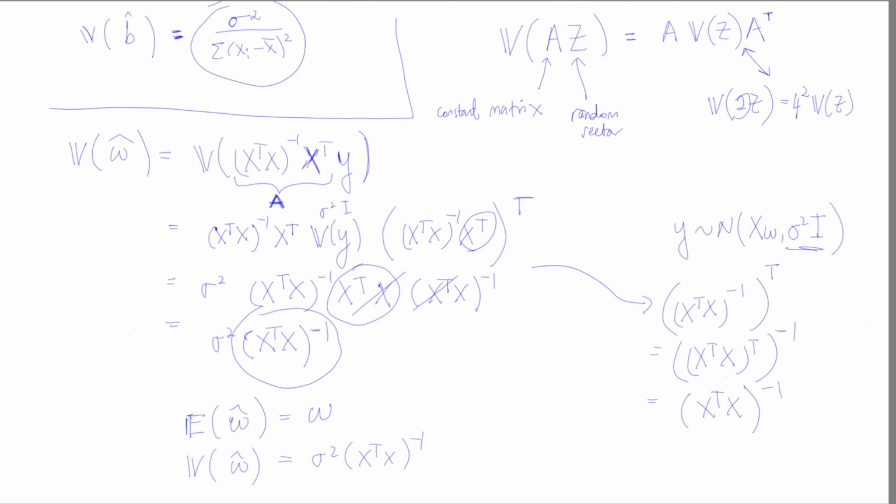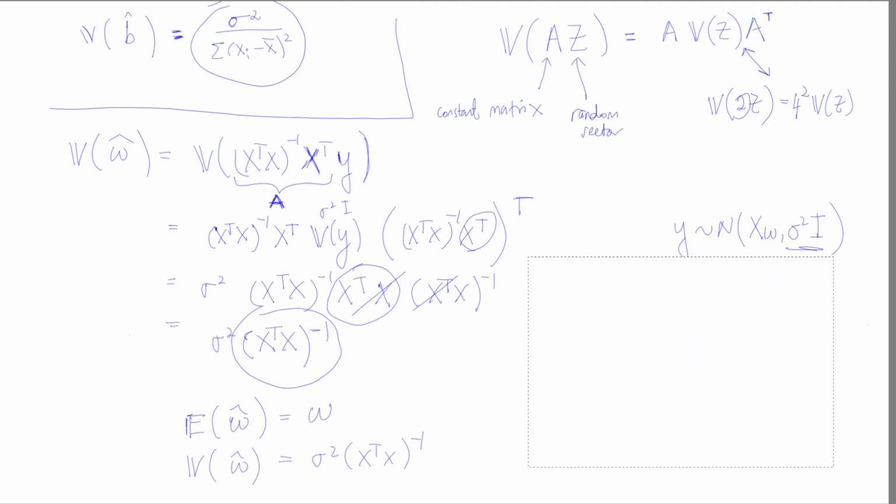Okay, now the last thing I want to talk about before I end: you might think to yourself, I have this regression problem, and I've estimated this W, right? And X is fixed because that's just from our data, but what is this sigma squared?